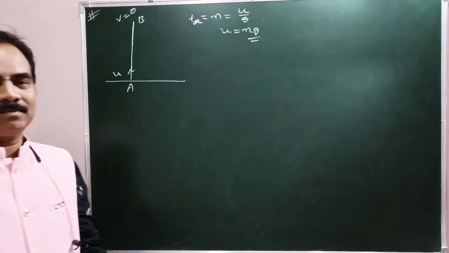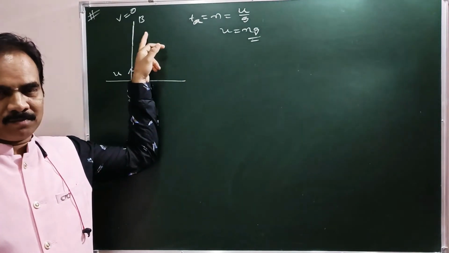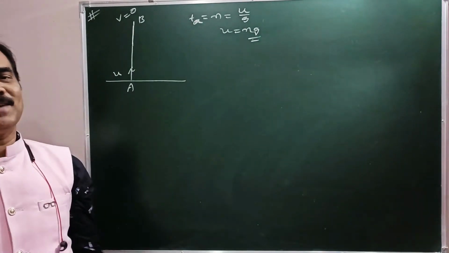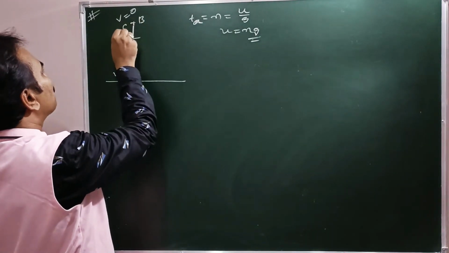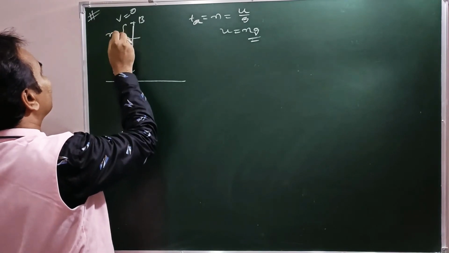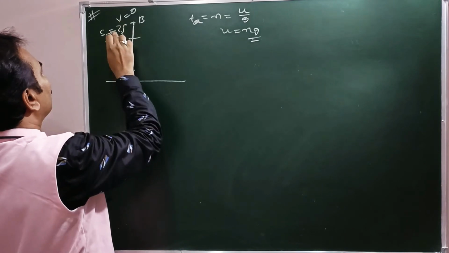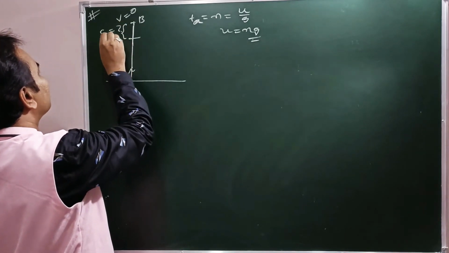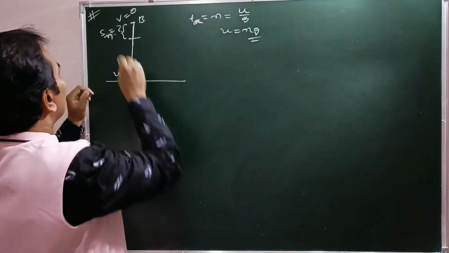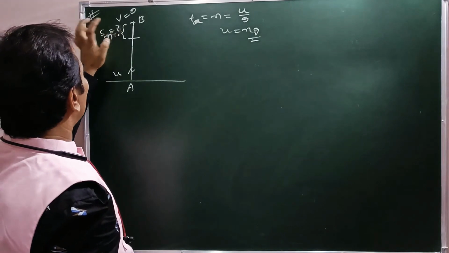Now the question is the distance covered by this body during upward motion in the nth second, that is the last second. Sn is the question mark. What is Sn? The distance covered in the last second of the upward journey. That is the question.